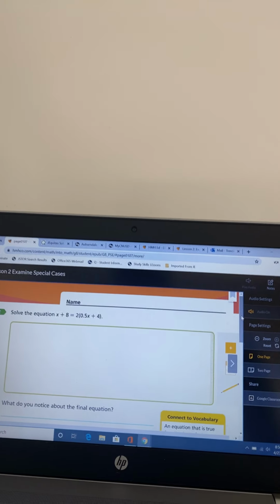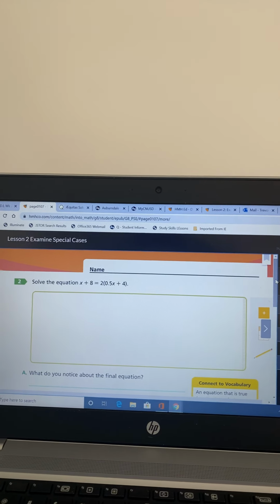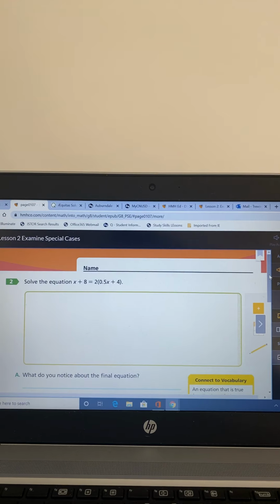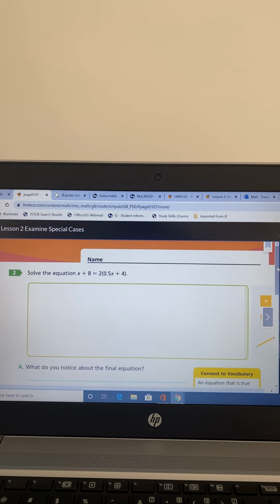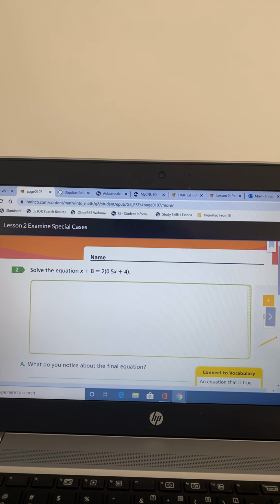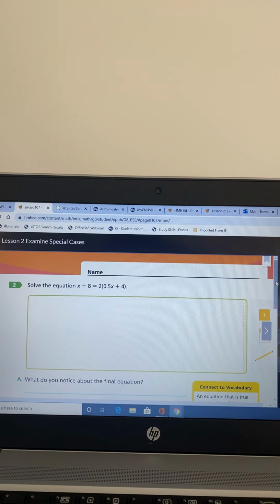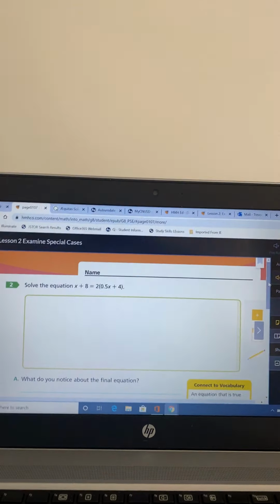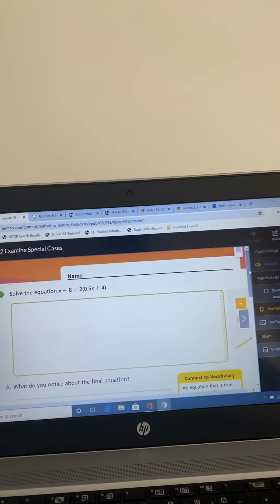So this is page 89, question number 2, A, B, C, and D. Solve the equation x plus 8 equals 2 times 0.5x plus 4. And then it's going to ask me, what do you notice about the equation?